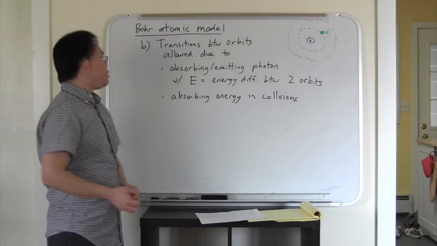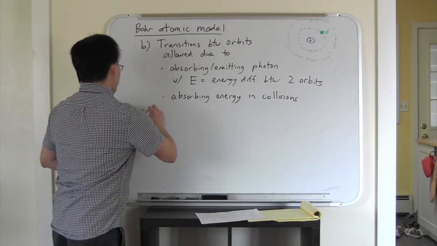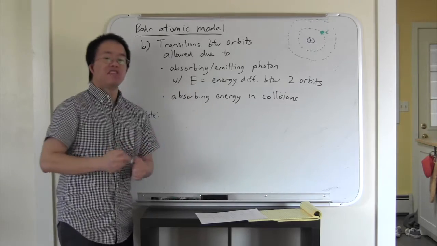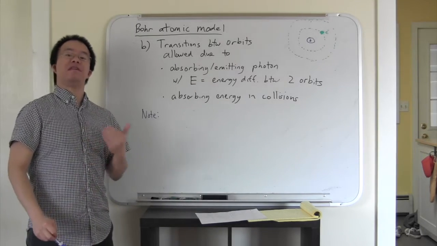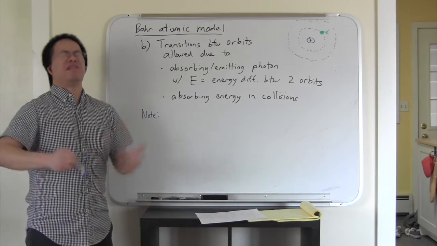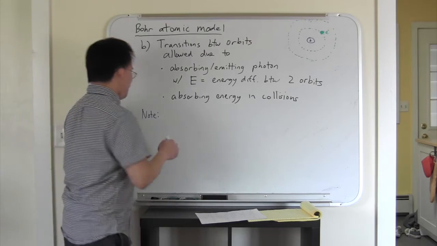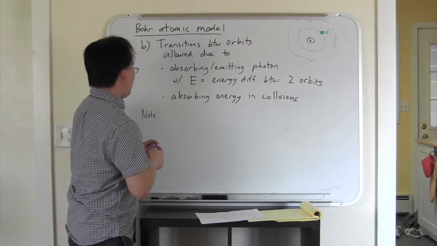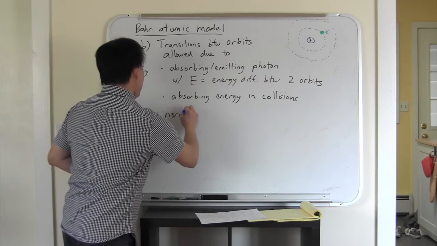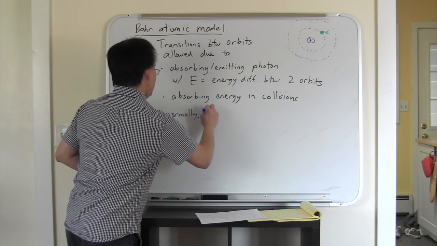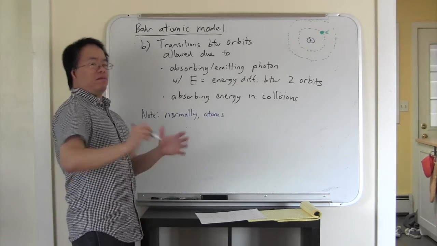One remark here. Note that this is the reason why there are some lines missing in absorption spectra that you see in emission spectra. Normally atoms are mostly in the ground state, or the lowest energy orbit.